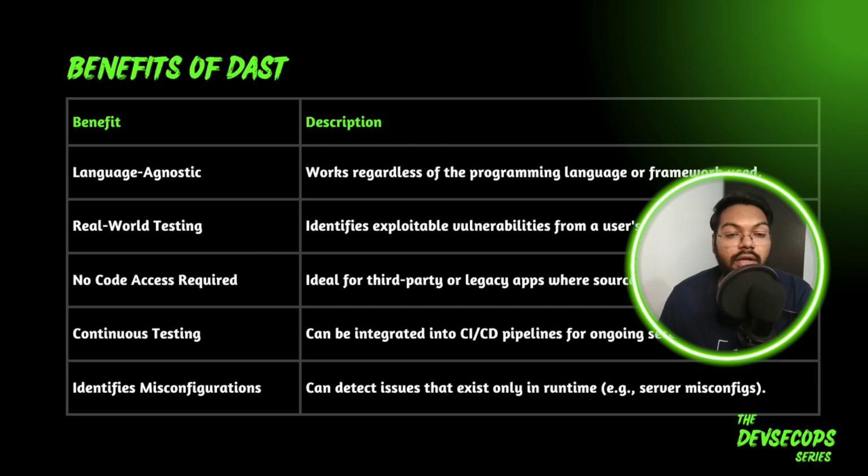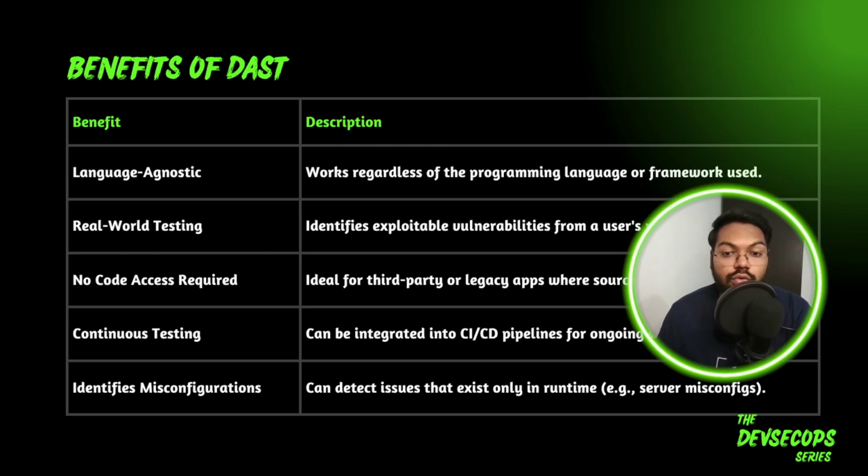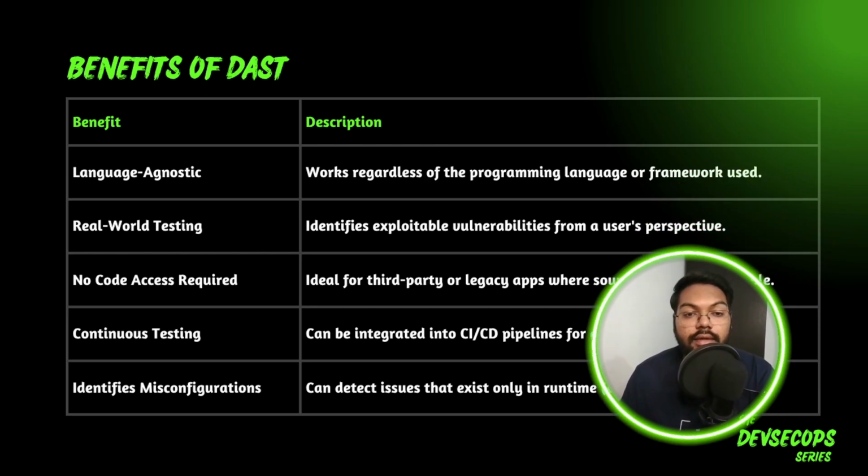Now next, what are the benefits of DAST tools? First, it is language agnostic. If you remember, SAST tools have limited types of languages. They would cover C++, C sharp, Java, JavaScript, Python, Ruby, and all these different languages.